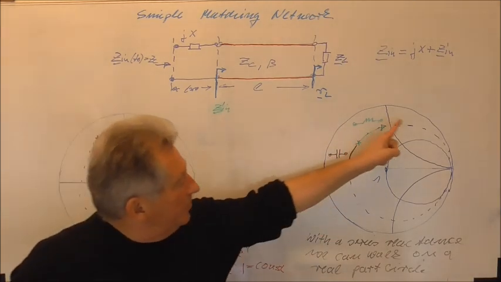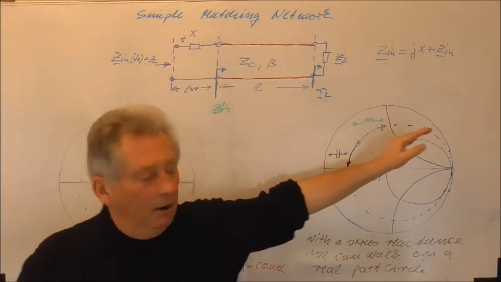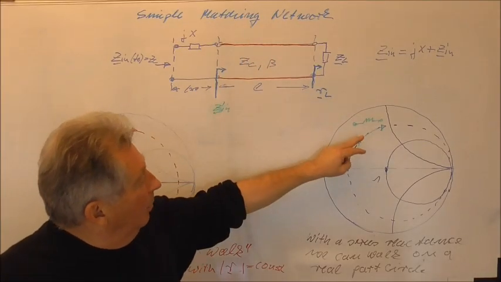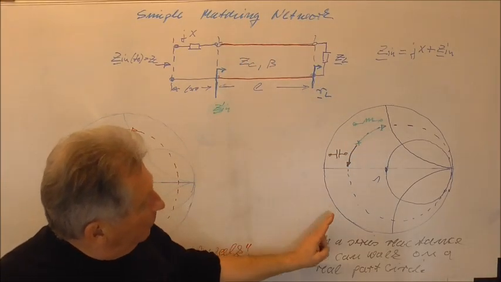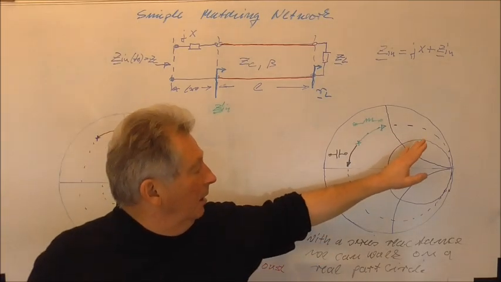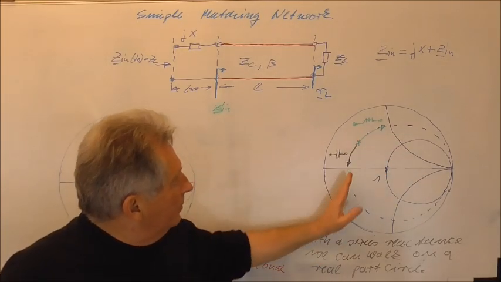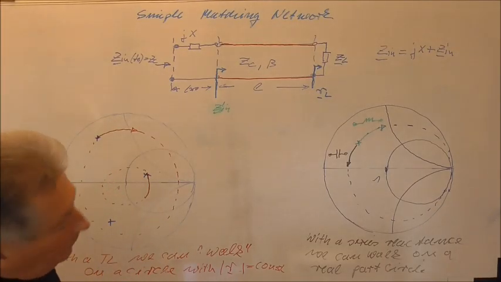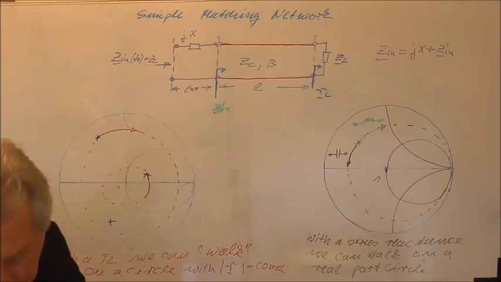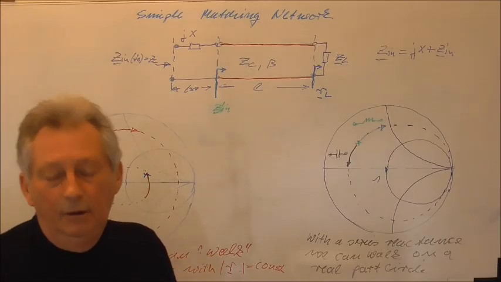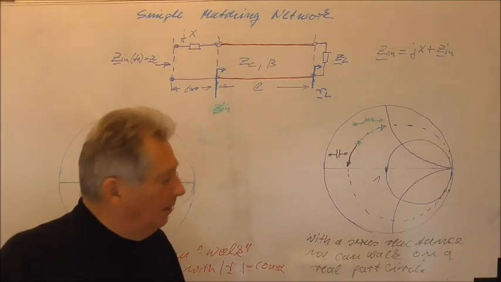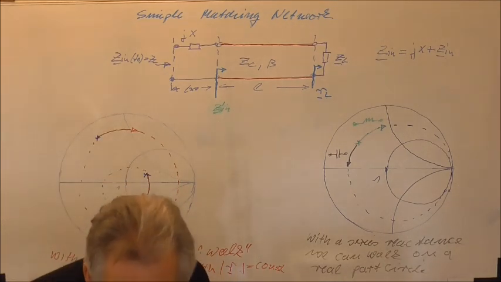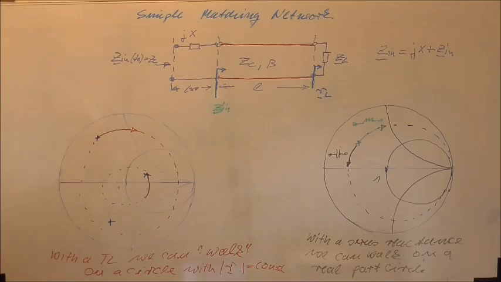So we walk in this direction to positive imaginary parts if I put an inductance in front, and I move in negative direction if I put a capacitance in series to our transmission line. Are there some questions again to this? So there are no further questions.